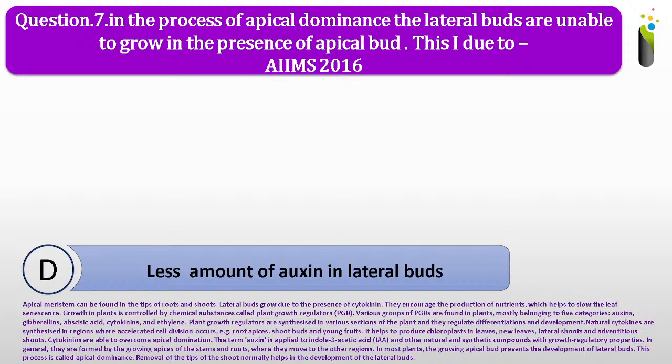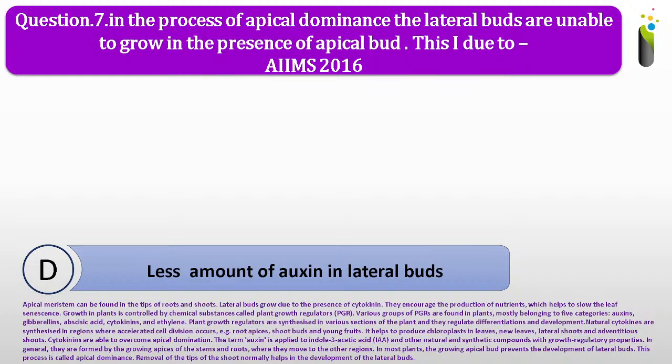Now, growth in plants is controlled by plant growth regulators, as we all know. There are various groups; you have studied ethylene, abscisic acid, auxin, cytokinin, gibberellins. Plant growth regulators are synthesized in various sections of the plant and they regulate differentiation and development. Natural cytokinins are synthesized in the regions where there is accelerated cell division, for example, the apex of the root, the shoot buds and the young fruits.